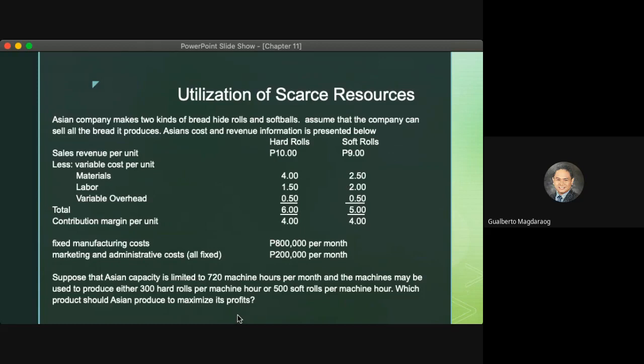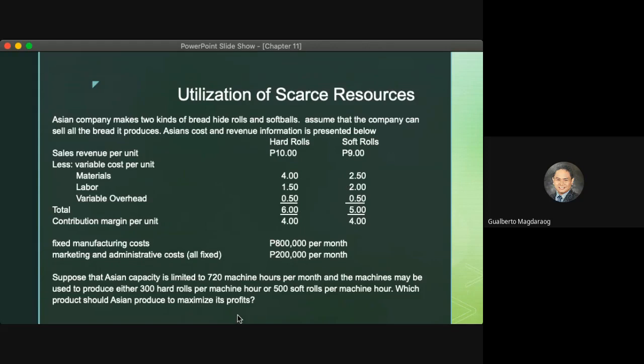Kaya we have to utilize it at a maximum level. Okay. So paano daw natin yung gagawin? There is a separate or more detailed analysis on how to utilize scarce resources in the next chapter. So ito ay sample, initial lang na analysis. Meron pang mas malalim pa.